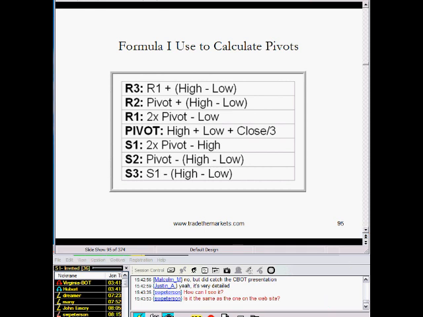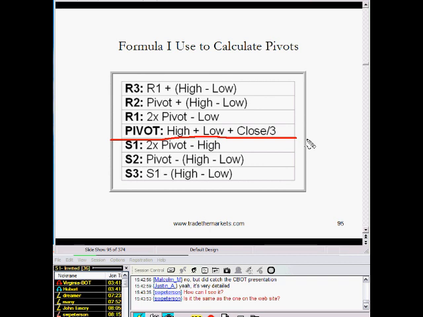So this is the exact formula that I use. Basically, for the actual pivot strategy, what I'm taking is the pivot. To calculate the pivot, I just take the high plus the low plus the close and divide by 3, and that's pretty normal. Sometimes you'll see formulas that have the high, low, close, and open divided by 4, but I found that this pivot works more accurately.